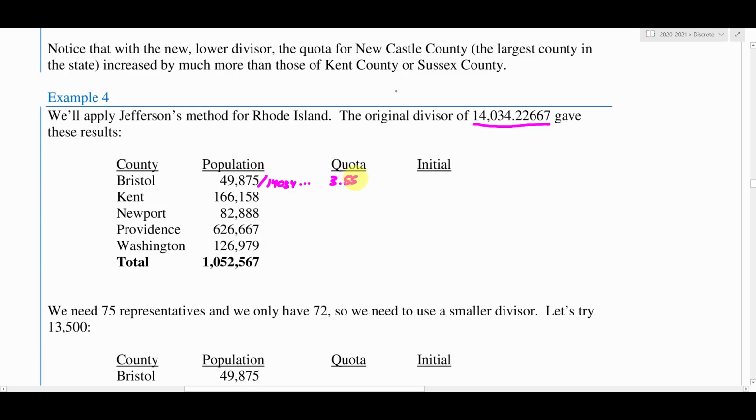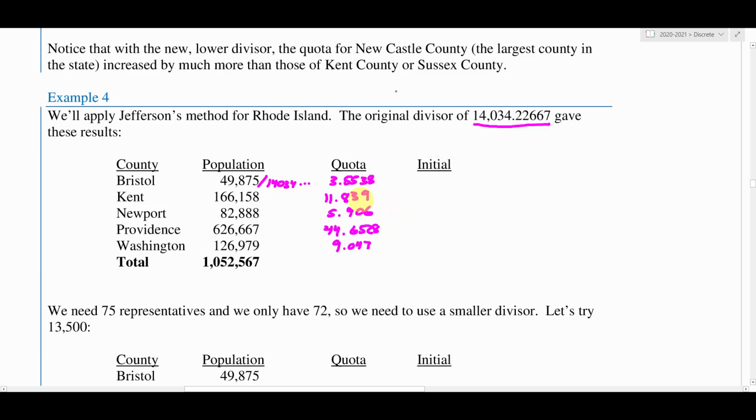So 3.5538, and then 11.839, and then 5.906, and then 44.6528, and then 9.047.